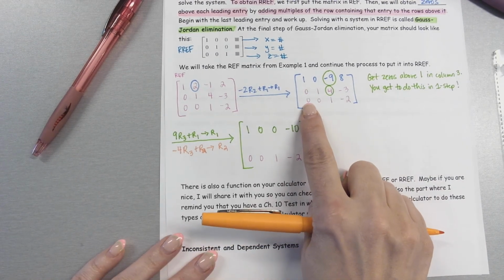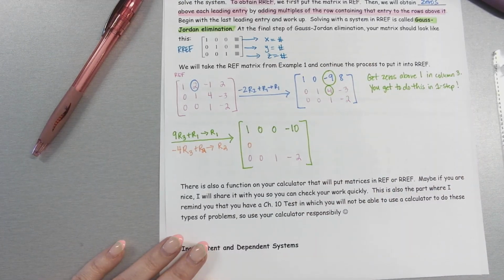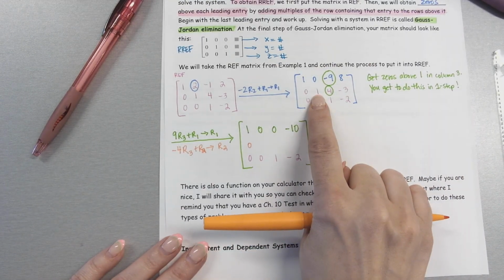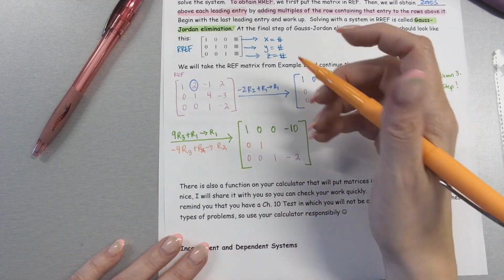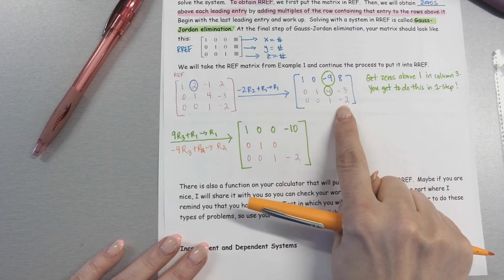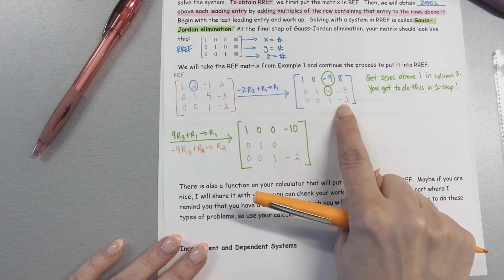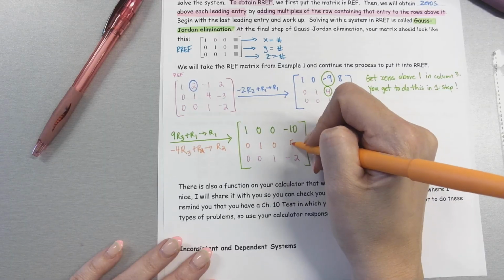So this would be 0 plus 0, so it's still a 0. 0 plus 1, still a 1. Negative 4 plus 4 becomes 0. A negative 4 times negative 2 is positive 8. 8 plus negative 3 is going to be a 5.